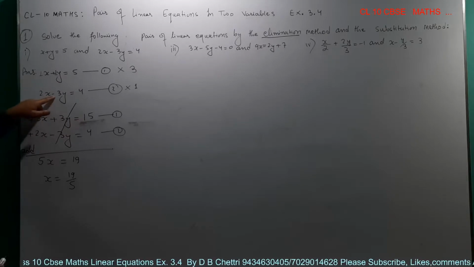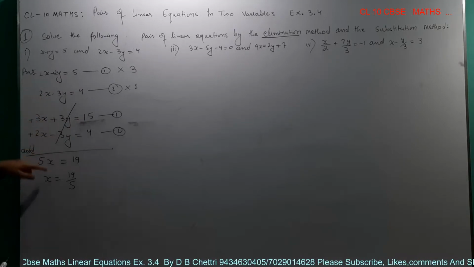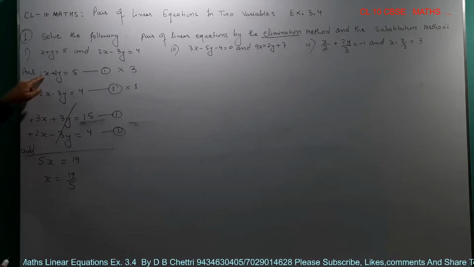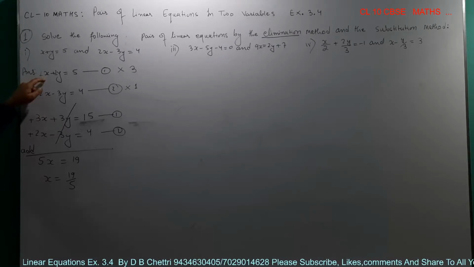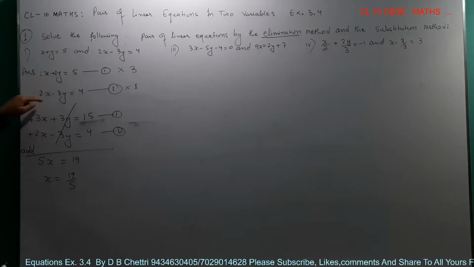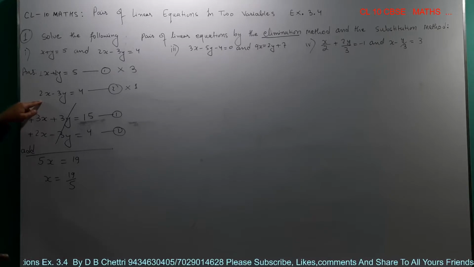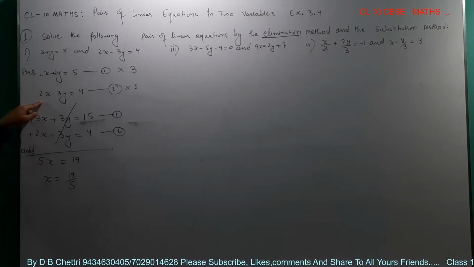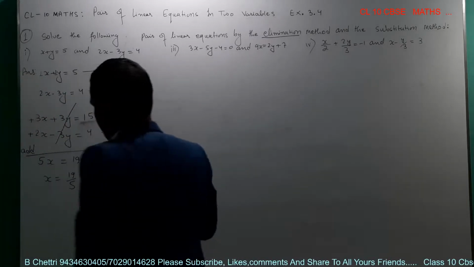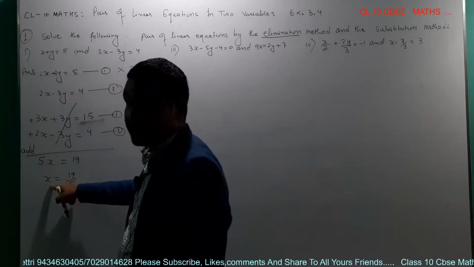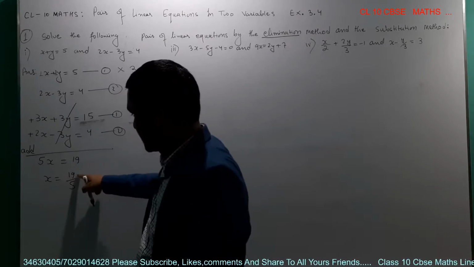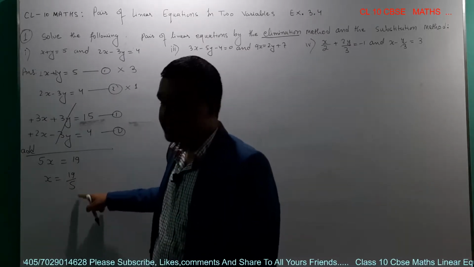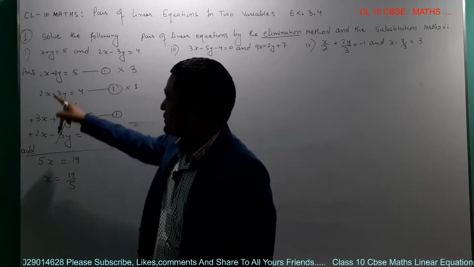While choosing the equation, choose the equation which is easy to solve. If you choose this one, we need to multiply the value of x by 2. If you choose this one, there are no numbers to multiply. That's why it is easy to solve. If you substitute in any equation, we will get the same answer, but choose the equation which is convenient to solve. Now we are going to substitute the value of x, 19 divided by 5, in equation 1.